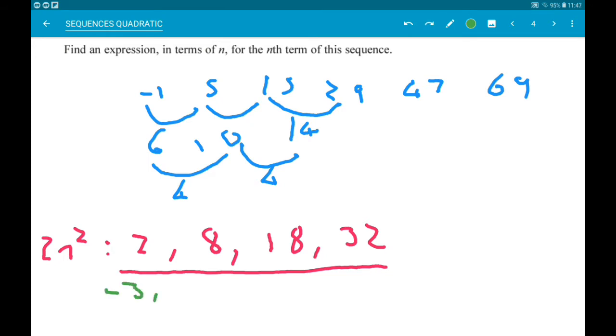And then we're doing 5 minus 8, which is minus 3. Which may seem a bit odd. Let's do one more. 15 minus 18, again, gives us minus 3. So the linear part isn't really a sequence, it's just minus 3.